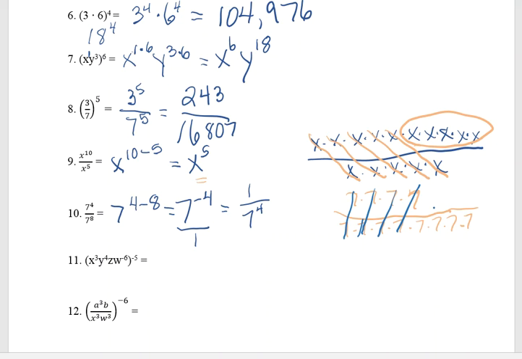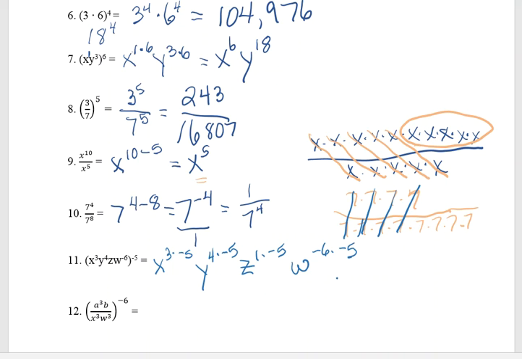So number 11 is doing to a power. So we're going to go ahead and multiply those exponents. So I get 3 times negative 5. The y is going to be 4 times negative 5. The z is 1 times negative 5. The w is negative 6 times negative 5. See if we can fit this in here.